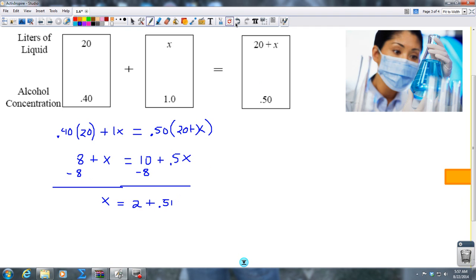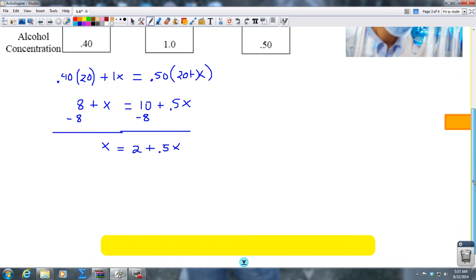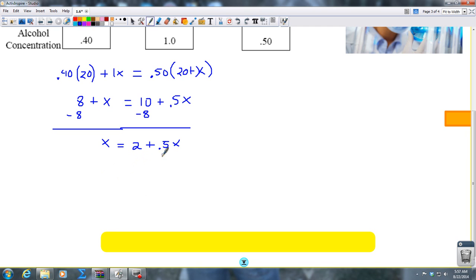Okay, and I'm going to move this down just a little bit more. We're going to subtract 0.5X and subtract 0.5X. And you have to remember that there is a 1 here, so 1 minus 0.5 ends up being 0.5 again. So 0.5X is equal to 2.